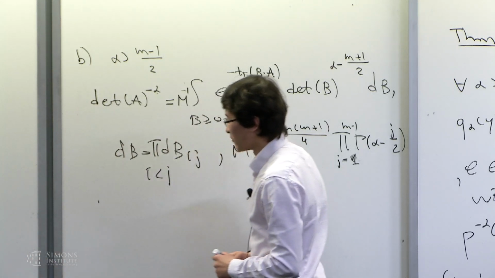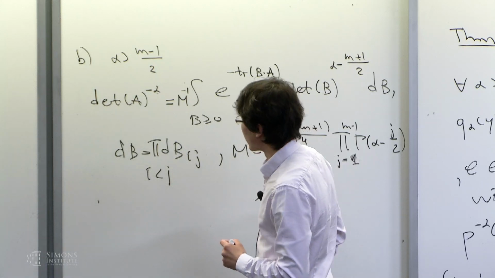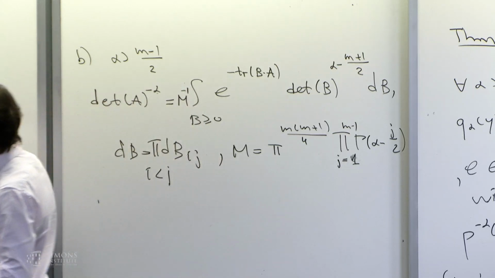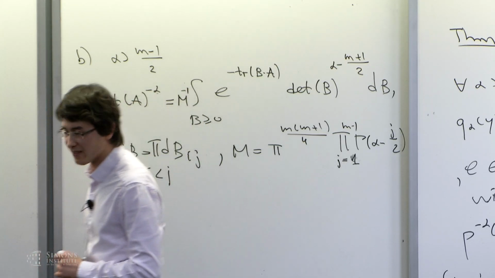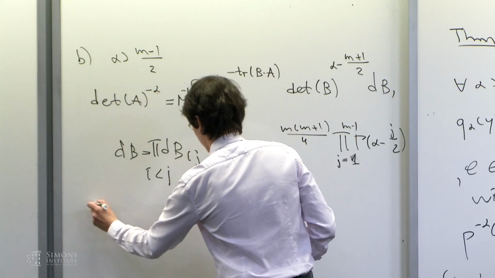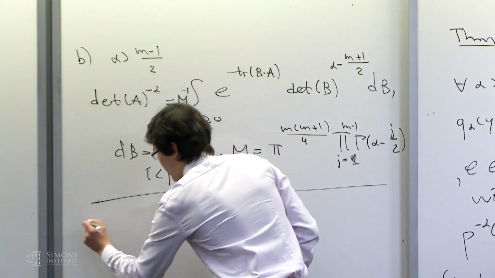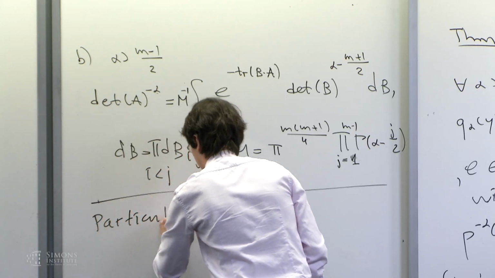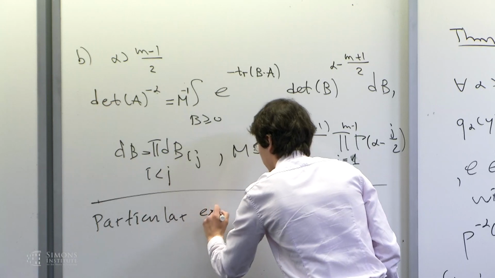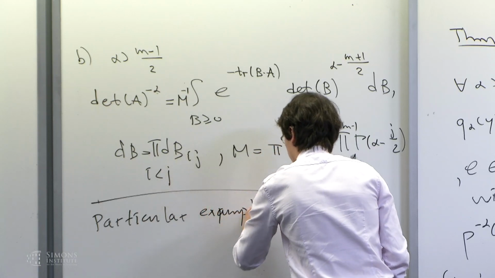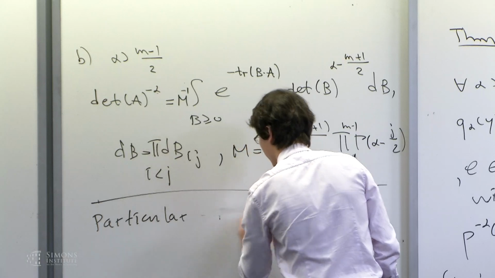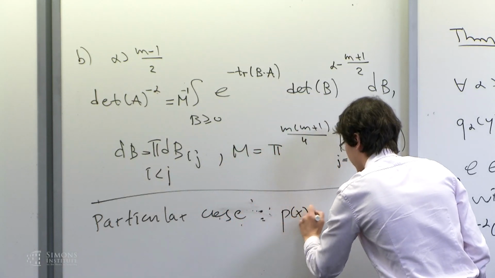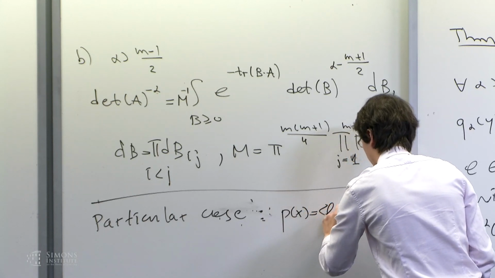Okay, and one interesting case, which I plan to discuss now, is the product of linear forms. Namely, when P is just a product of m many linear forms. A particular case of a function of this type is when p of x is just a product of linear forms.